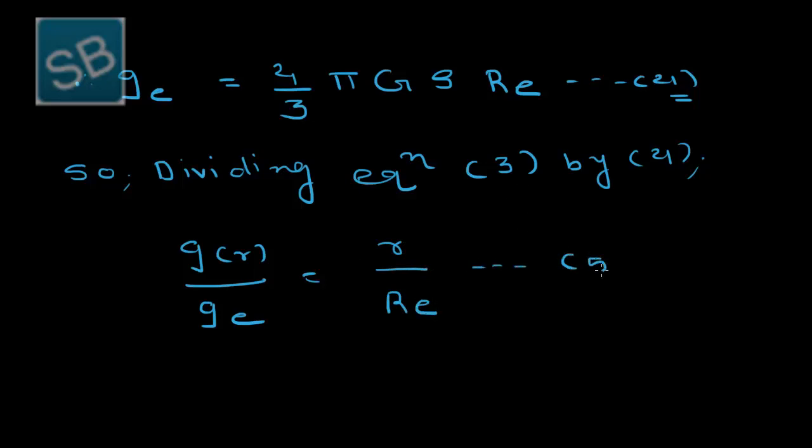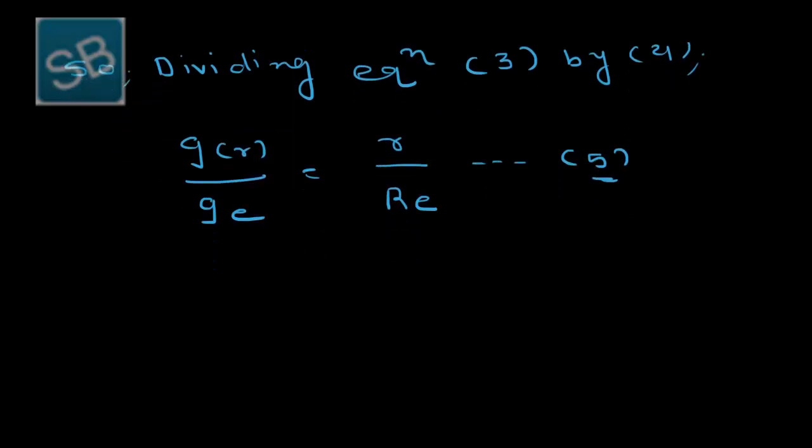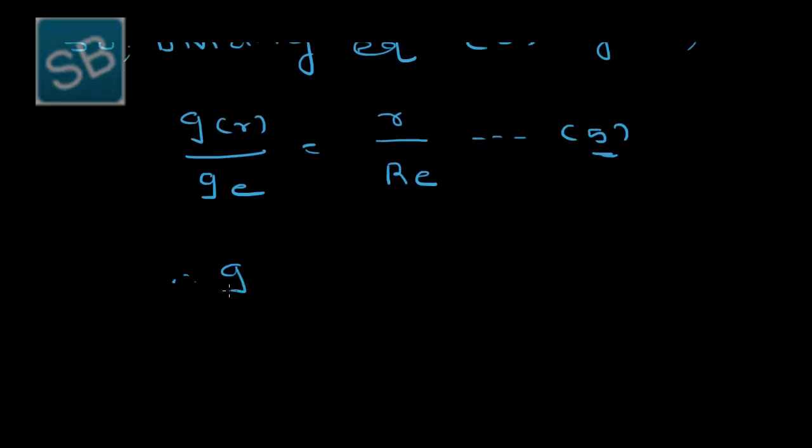And this is most important result, equation number 5, or you can write down in terms of the relation g of r is equal to gE into r over RE.